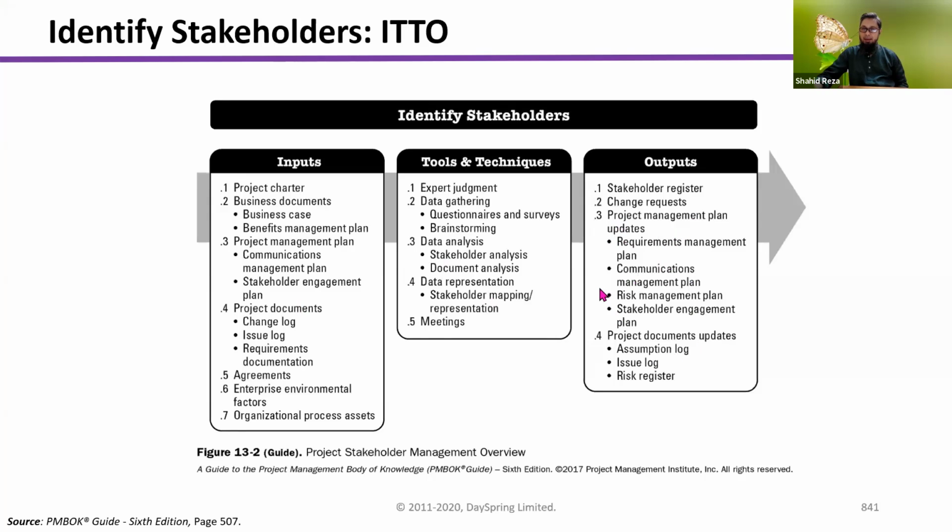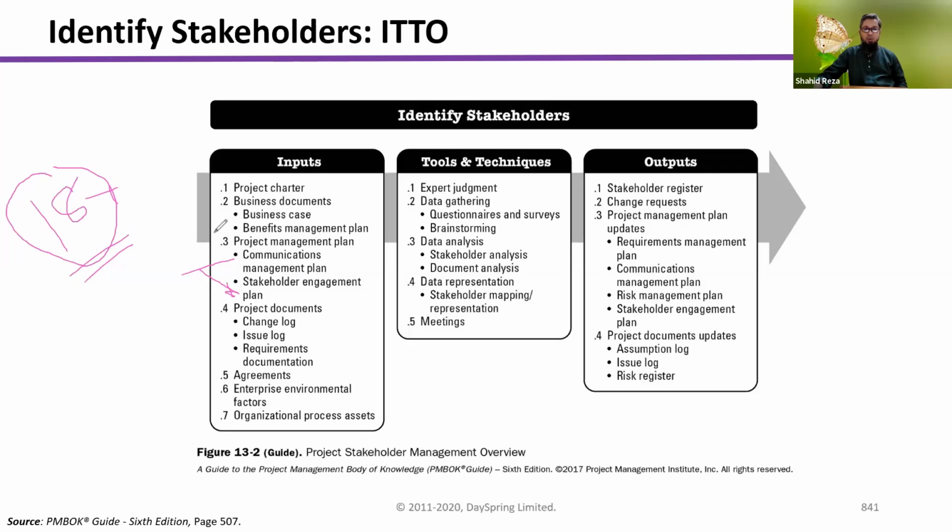And what you are seeing here are the planning documents, right? In PMBOK, a total of 18 planning documents are mentioned. The names of the 18 planning documents are mentioned in PMBOK, like communication management plan, stakeholder engagement plan, among those 18.